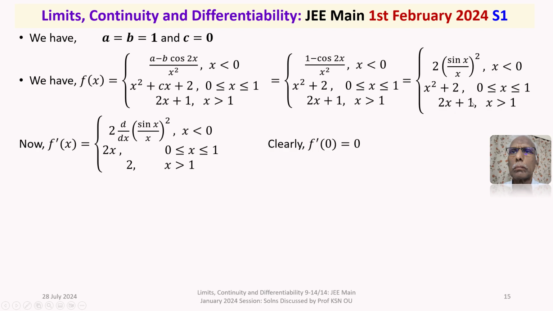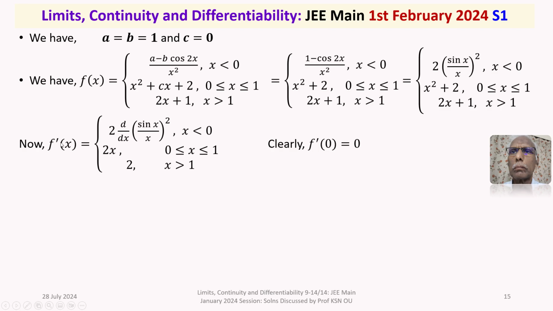The differential of 2x plus 1 is 2, and the intervals are x less than 0, 0 less than or equal to x less than or equal to 1, x greater than 1. And f prime x exists everywhere except possibly at x is equal to 0, at x is equal to 1.